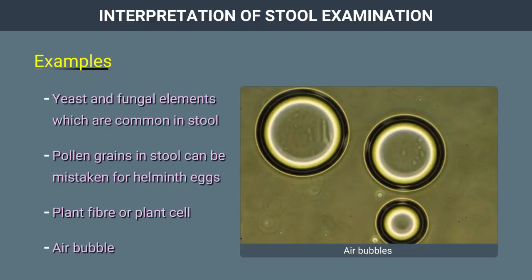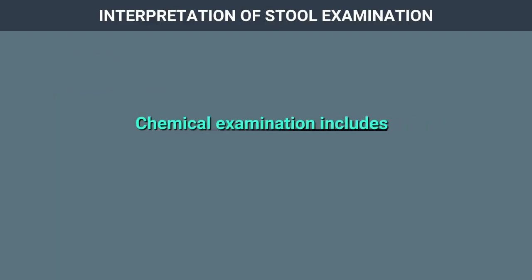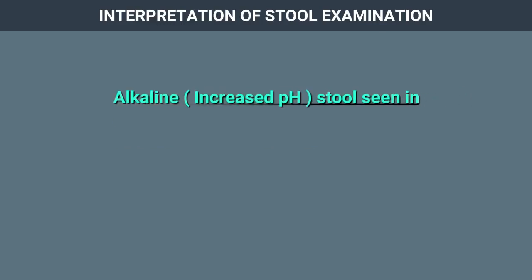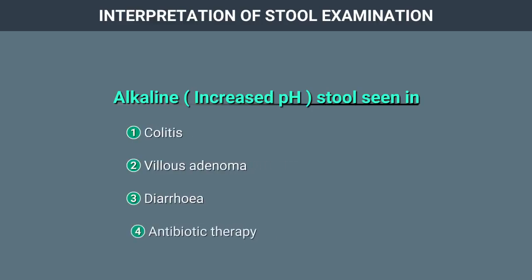Chemical examination of stool includes stool pH and reducing substances. Stool pH depends upon the dietary intake and bacterial fermentation in the small intestine. Alkaline stools can be seen in cases of colitis, villous adenoma, diarrhea, and antibiotic therapy.